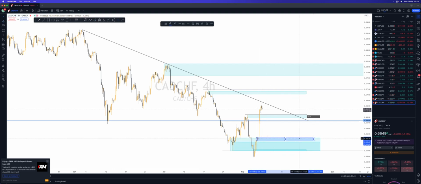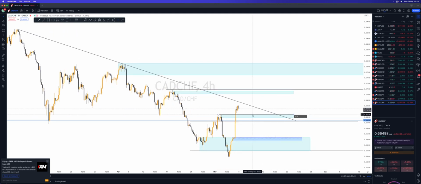So that's still something that also needs to get tapped, and then I can clean these up because we've already taken those out. So we can either buy it from up here, or we have a potential move with a very, very tight stop loss, something like that. And then we can target these highs. So that's the one setup. That's a 1-2-15.